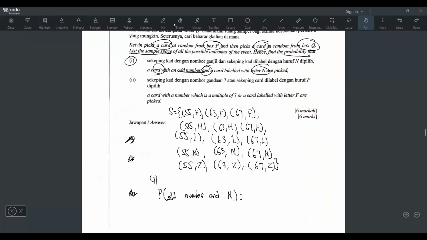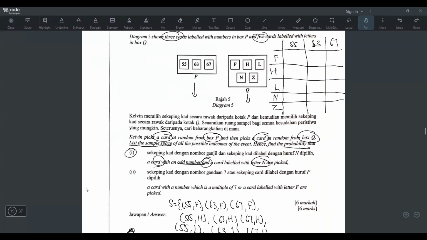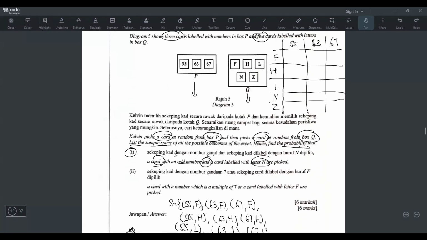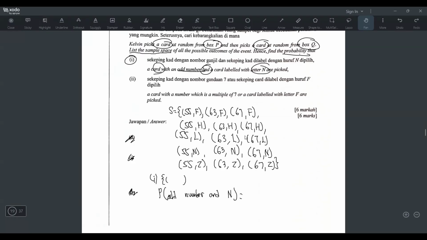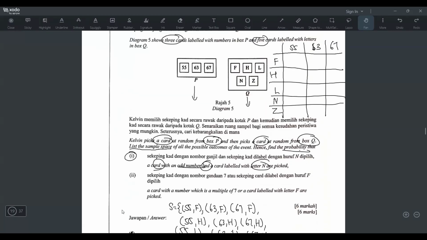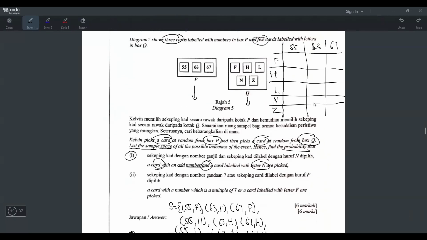So you have to write down which outcomes out of the 15 satisfy this condition, odd number and N. You can look from the table, it's easier compared to looking at the list, but if you want to take them out from the list, you can also. Which of these 15 boxes satisfy odd number and N? It has to be an odd number and N at the same time. Both need to be satisfied.